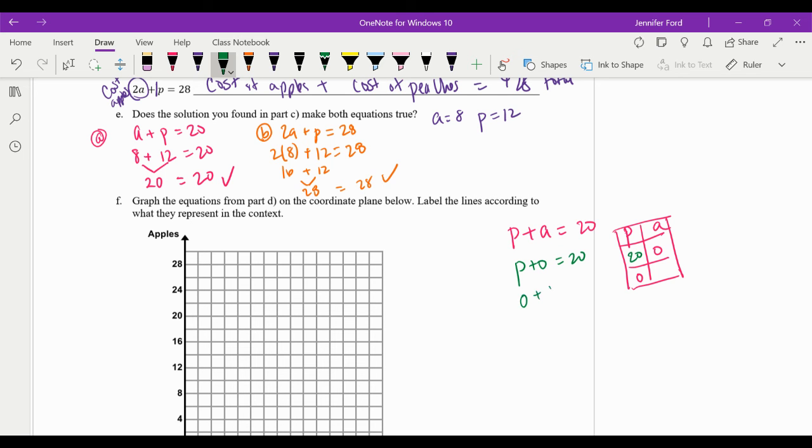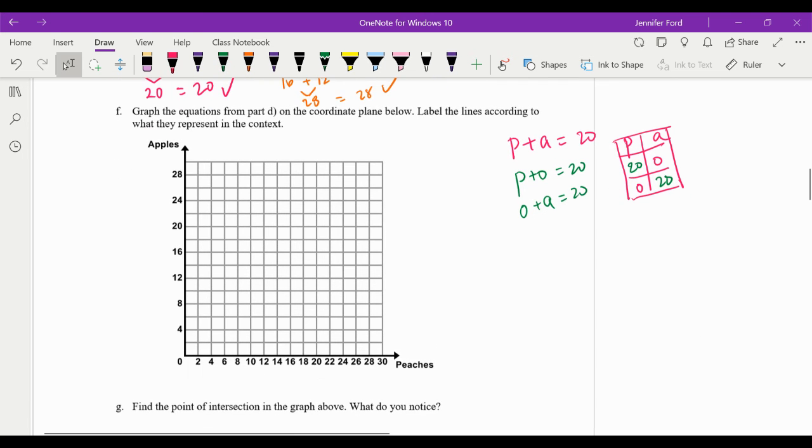If I go 0 plus A is 20, A also has to be 20. So when I graph that, it's going to go through those 2 points, and I use my straight line tool. It's not a perfectly straight line, but that's what I did.